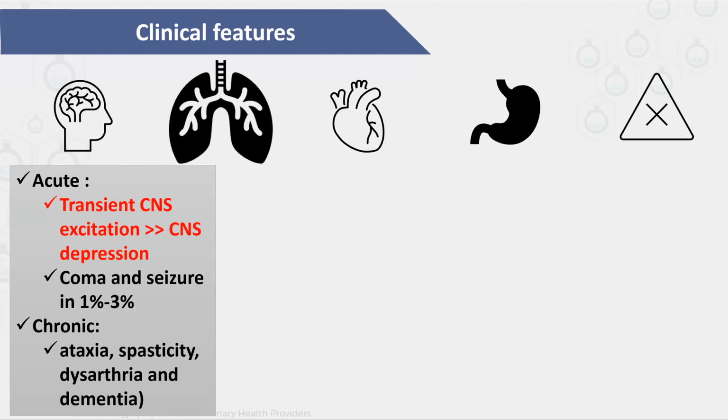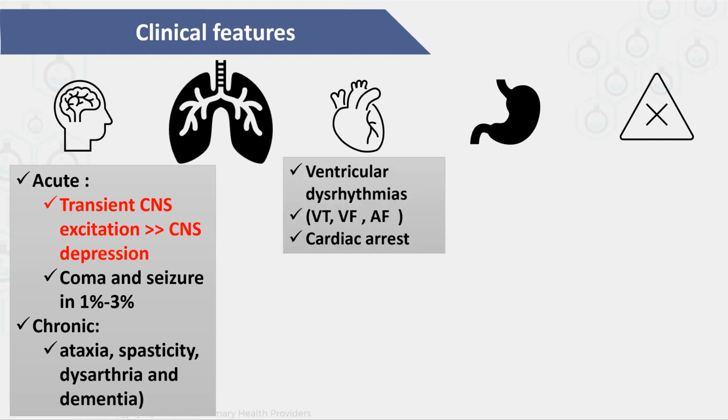Other symptoms, for example coma and seizure, occur in around 1 to 3% of the population. We have also chronic complications, and these are seen in long-term users or abusers. They get ataxia, spasticity, dysarthria and dementia. For the cardiac complications, the patient can get ventricular dysrhythmias such as VTach and VF, and atrial fibrillation as well.